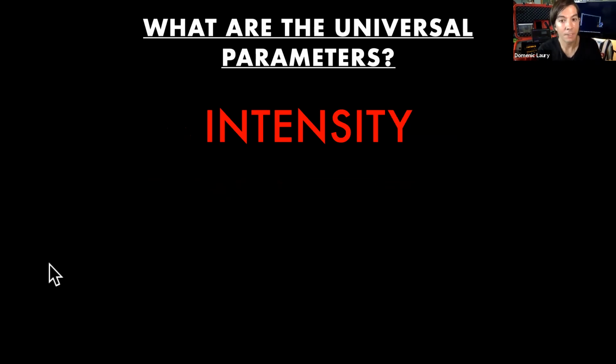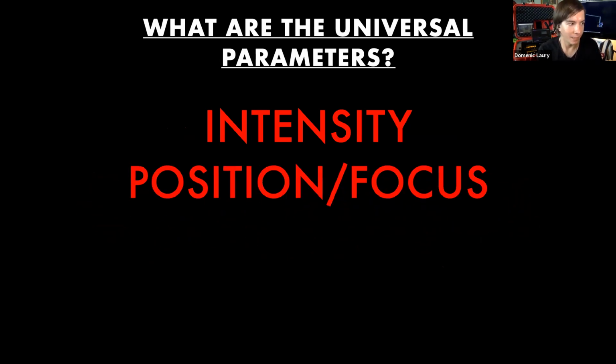We also have some parameters for moving lights. So moving light moving around, that would be a position, and that is common between EOS, HOG, and MA as well. We also note focus here. So that could be your zoom or how sharp a fixture is currently focusing.